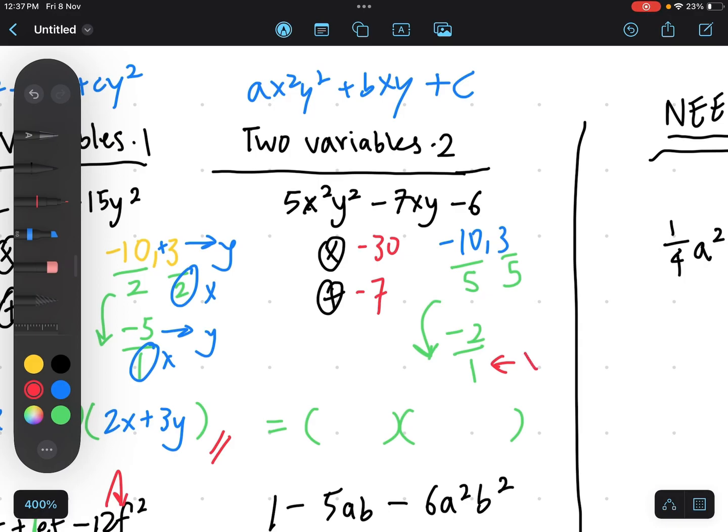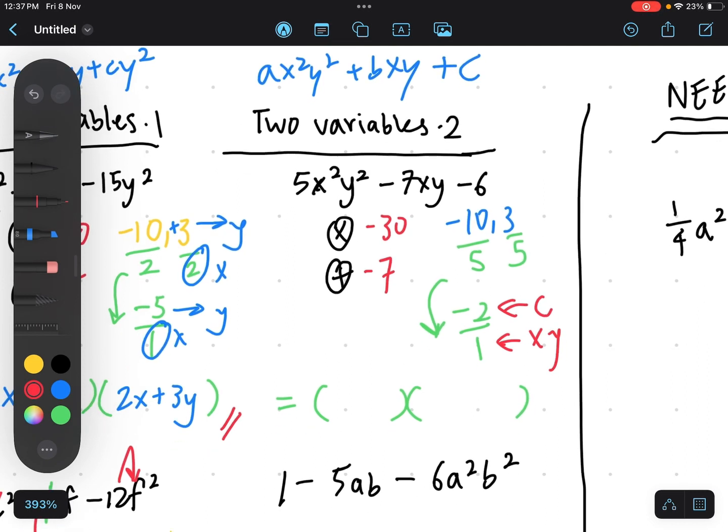It'll be xy, because 5 is closest to xy, because this is one term, if that makes any sense. And the top one, since c is a constant, it's not a coefficient of anything, this will also be a constant. So we get 1xy minus 2, this will just be an ordinary minus 2, and then the other one is 5xy plus 3, because there's an invisible 1. That's your final answer.